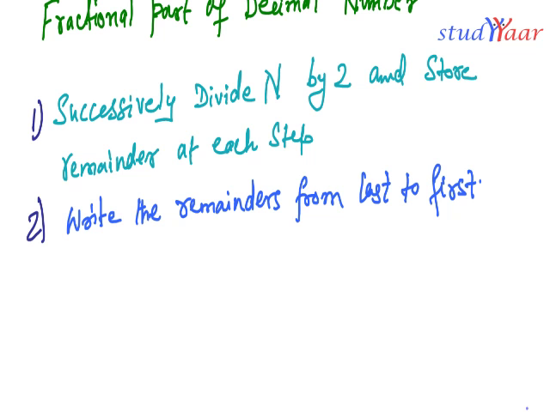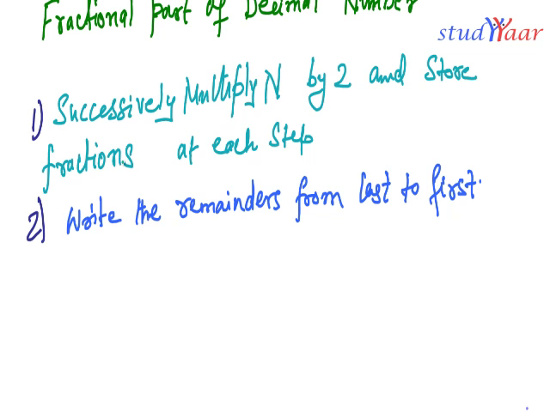This is going to be modified as successively multiply n by 2 and store fractions at each step. My second step is going to be modified as well, and store integers at each step.